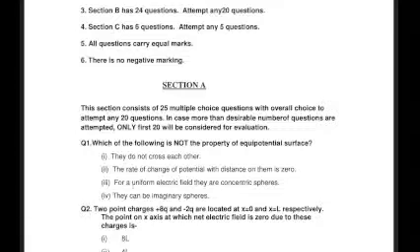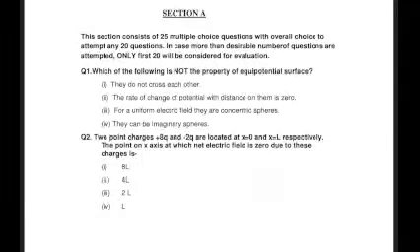For a uniform electric field, they are concentric spheres. 4. They can be imaginary surfaces. Correct. The answer is 3. For a uniform electric field, they are concentric spheres.